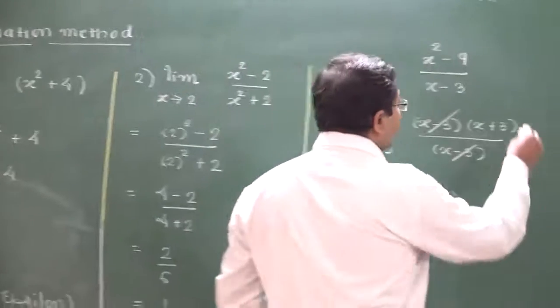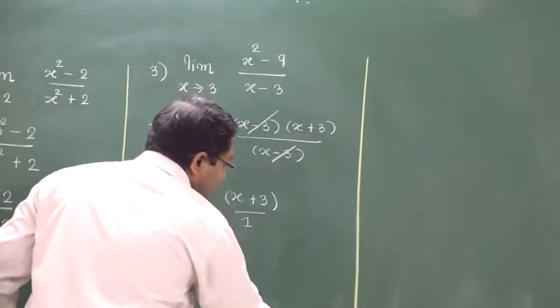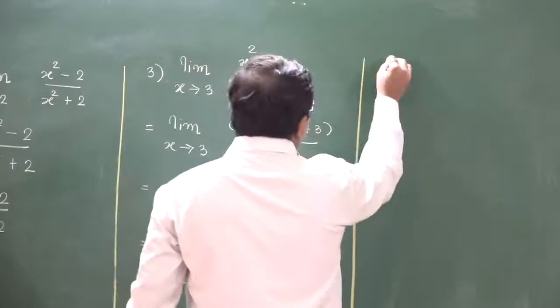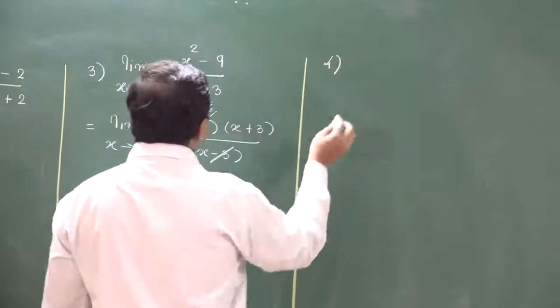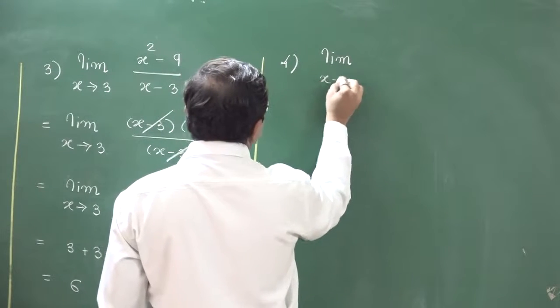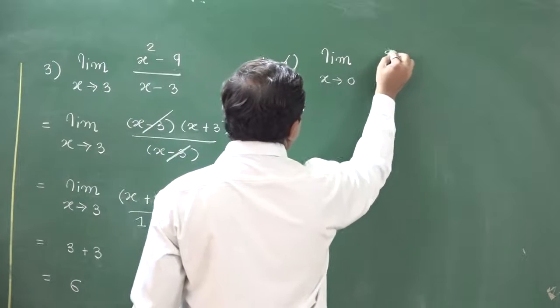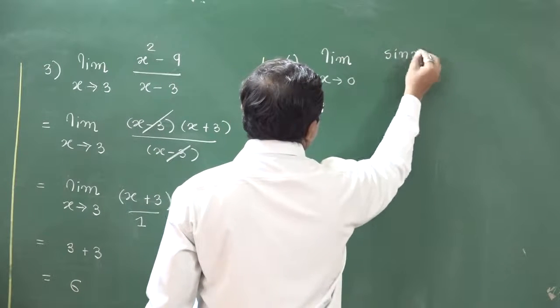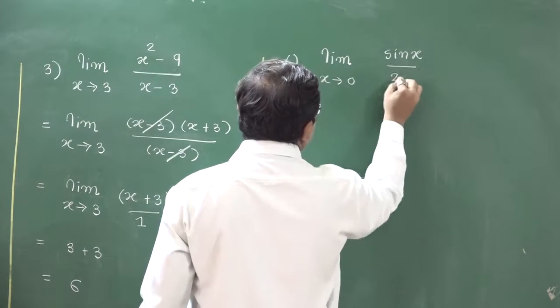I'll take another example, since sometimes we use the familiar facts of limit. Suppose we want to evaluate limit x tends to 0, sin x upon 2x.